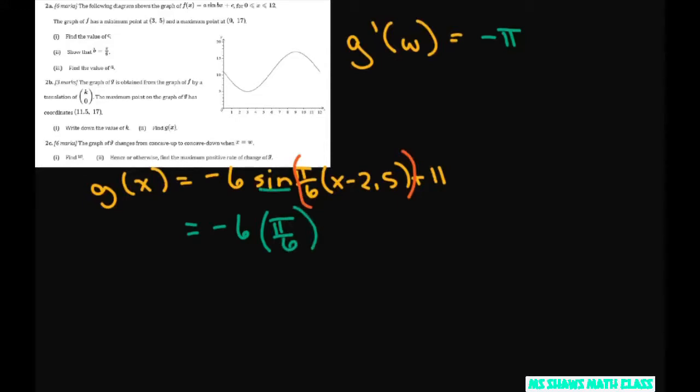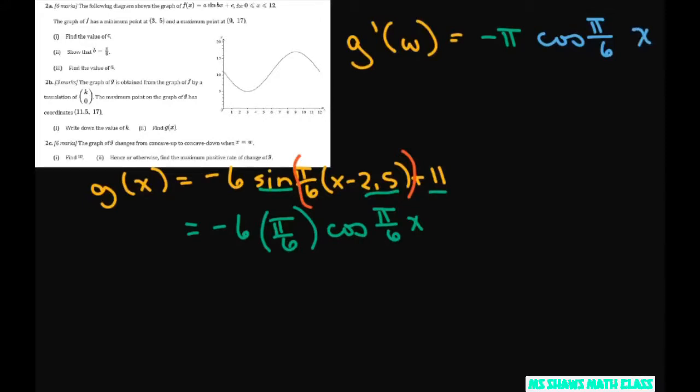And then the derivative of sine is cosine of pi over 6x. These two are going to go out after you take the derivative. So this is going to end up being negative pi cosine of pi divided by 6x.